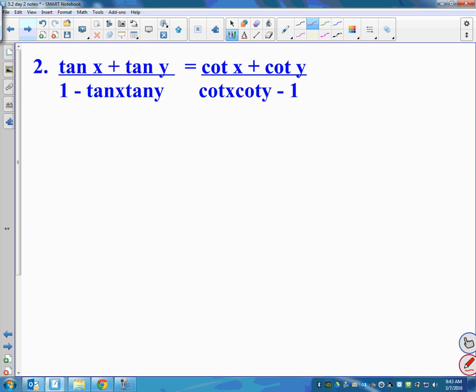Alright, let's try this one. This one looks crazy, but I think it's easier. There are X's and Y's here, so you have to kind of be careful. I think this might be my other example.